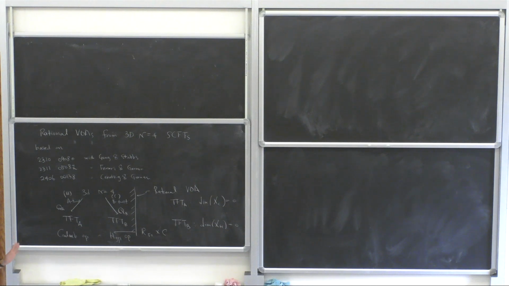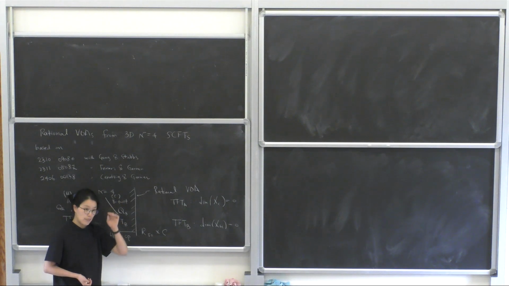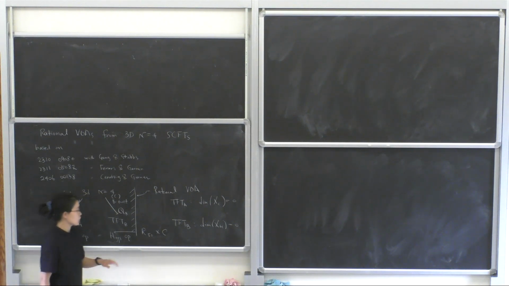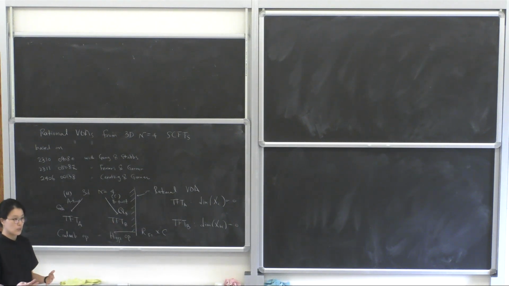And there are similar statements for the topological TFT-A for the 3D n equals 4 theories. And based on lots of examples, Beem and Ferrari recently argued that the VOA that corresponds to TFT-A has an associated variety, which is actually the Higgs branch of the original theory.